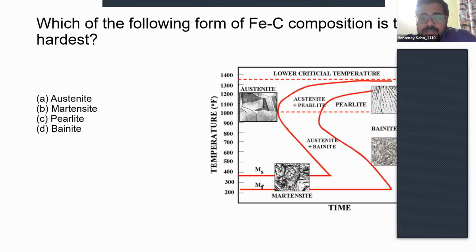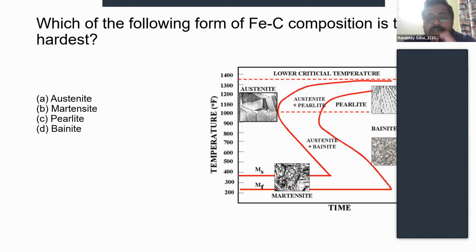Now suppose we have heated iron to the austenitic form and then we cool it down. Depending upon the cooling rate, different structures like pearlite, bainite, martensite are formed.